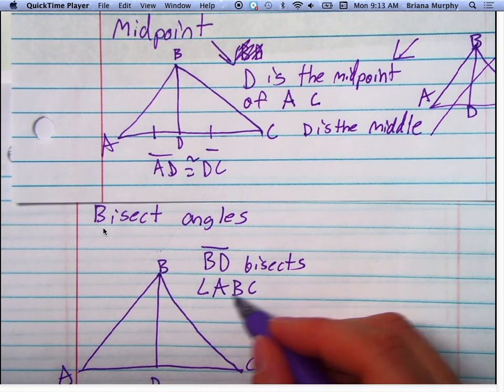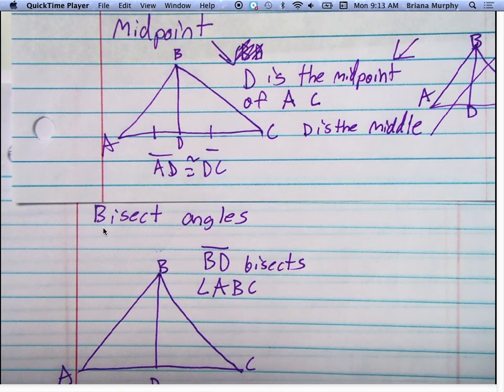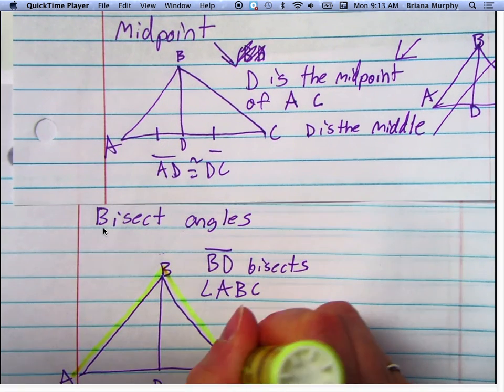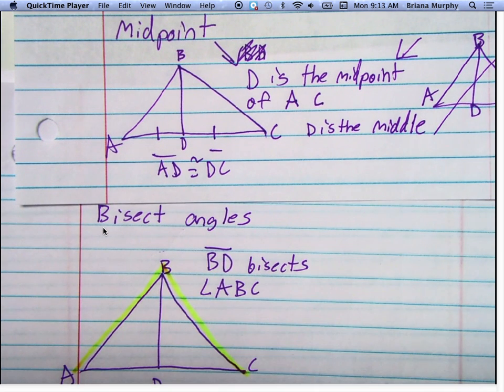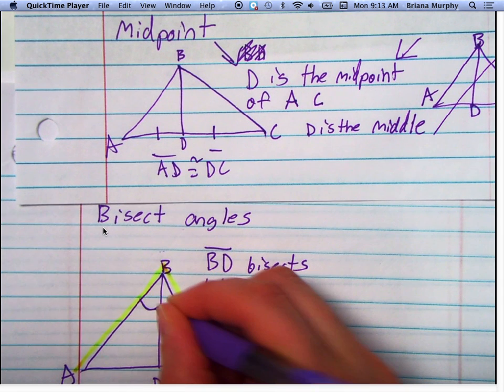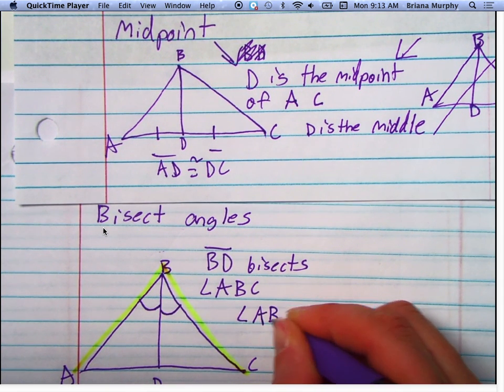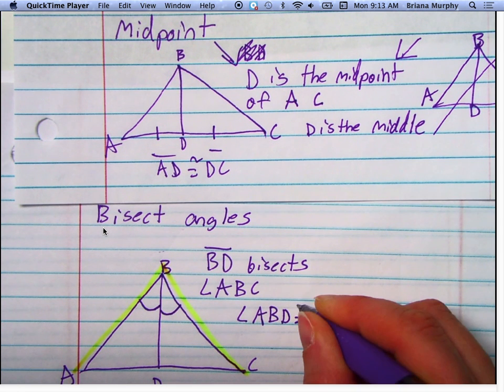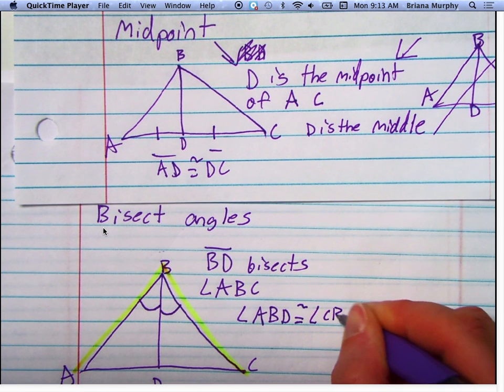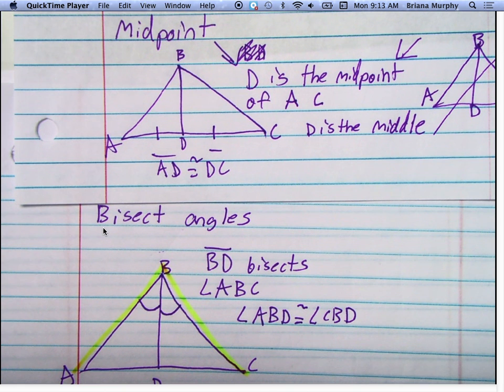But this is an angle, so my angle is ABC. So that means the two things that are congruent are angle ABD is congruent to angle CBD. Okay. That's when I'm bisecting an angle.